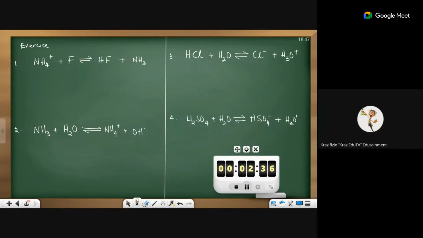Hello, Lino? We are identifying acid-base pair. Identify the acid-base pair.